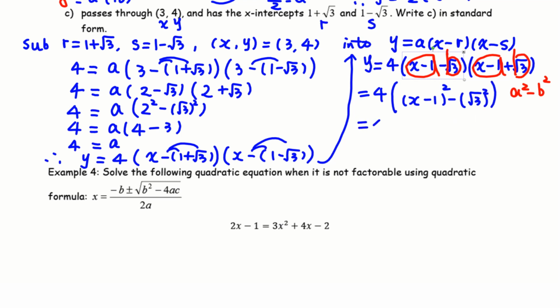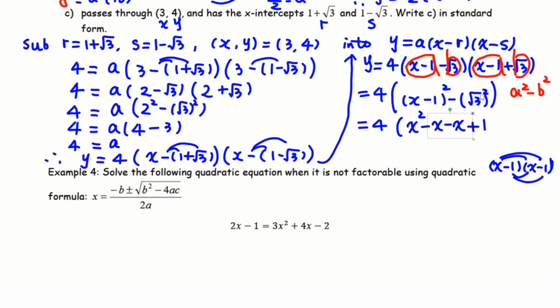Then we have 4. This x minus 1 times x minus 1 gives you x squared minus x, then minus x plus 1.